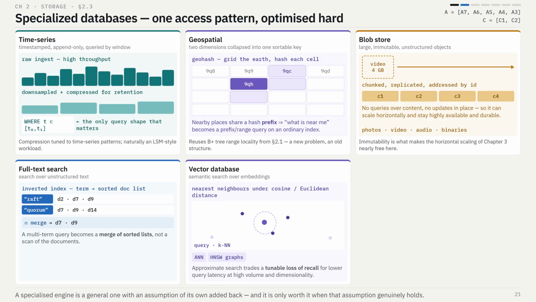And a blob store is optimized for storing large, immutable, unstructured objects, photos, video, audio, executable binaries, and other multimedia, typically as chunked files, designed to scale horizontally while remaining highly available and durable. The general lesson about specialized engines: each one is a general engine with an assumption of its own added back. That's only a good trade when the assumption genuinely holds for your workload.